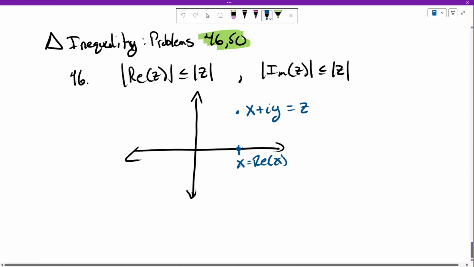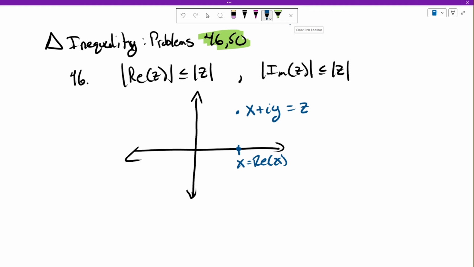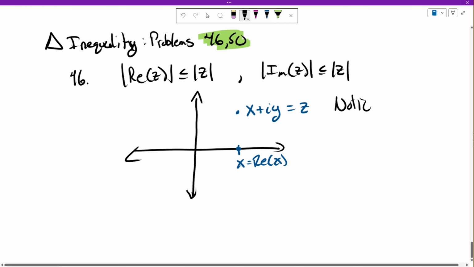Now, of these two points, which is further away from the origin? Well, this upper point is further away. So let's just notice that z is further from the origin than x.